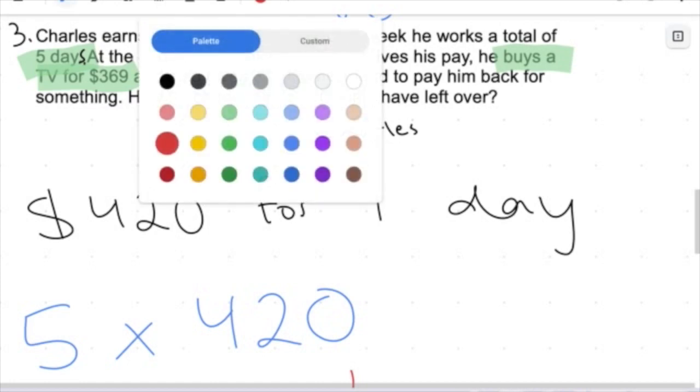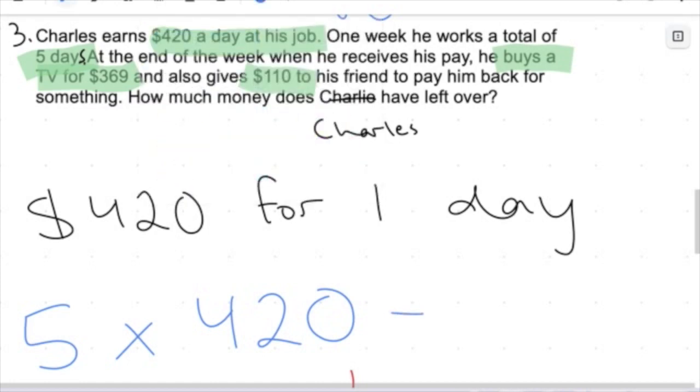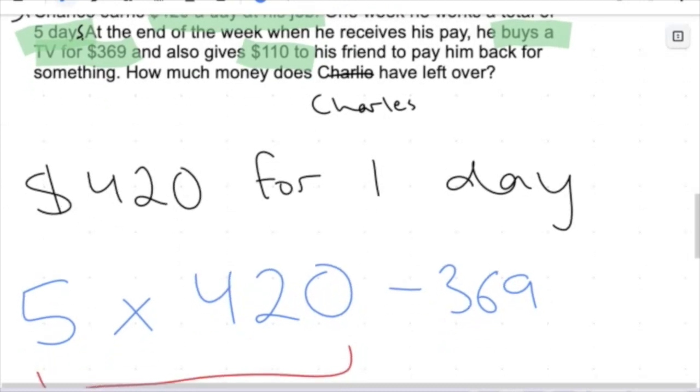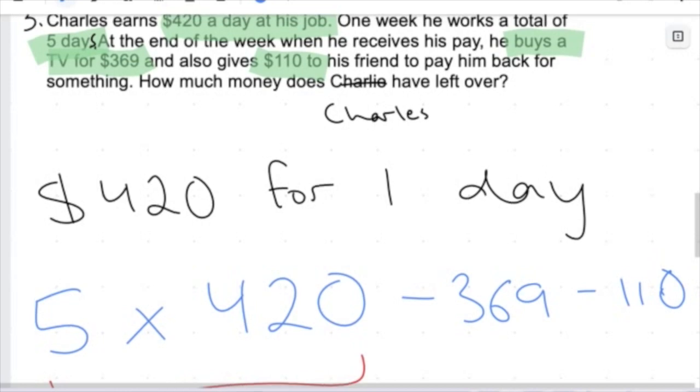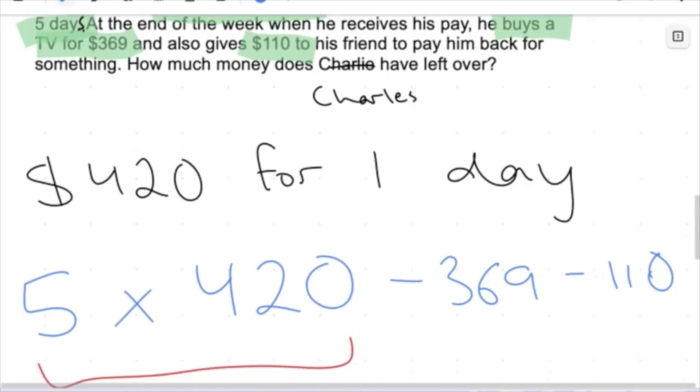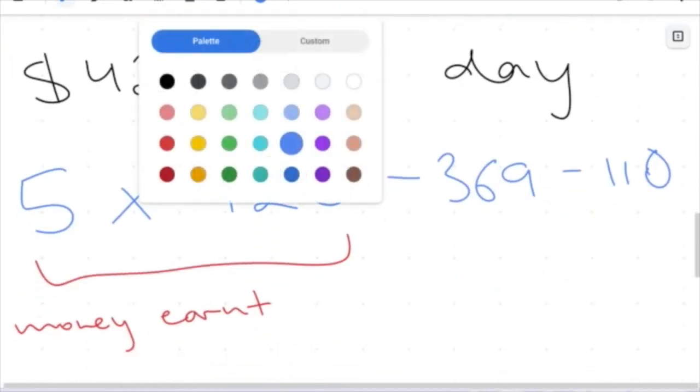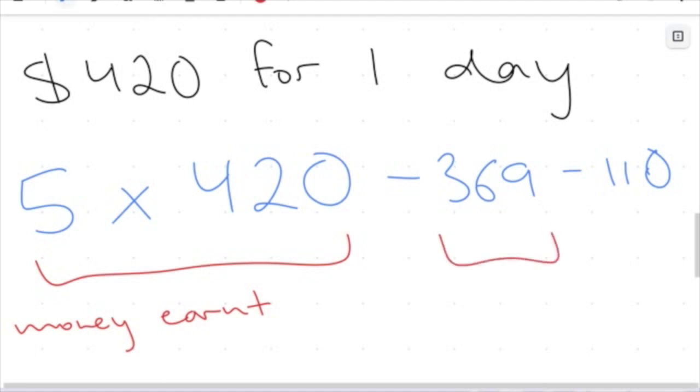So we have to then minus 369 because he's spending this money. So his bank account balance is going down. So we're going to subtract. And he's also minusing $110. So look at what we've done here. We've taken all of these underlined bits and accounted for them in our expression.